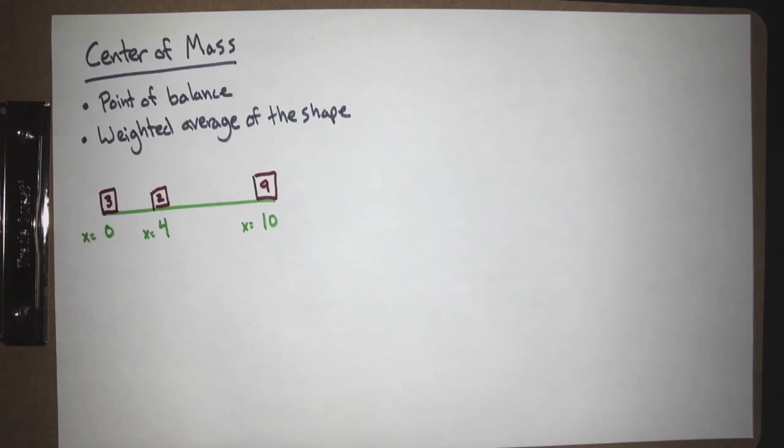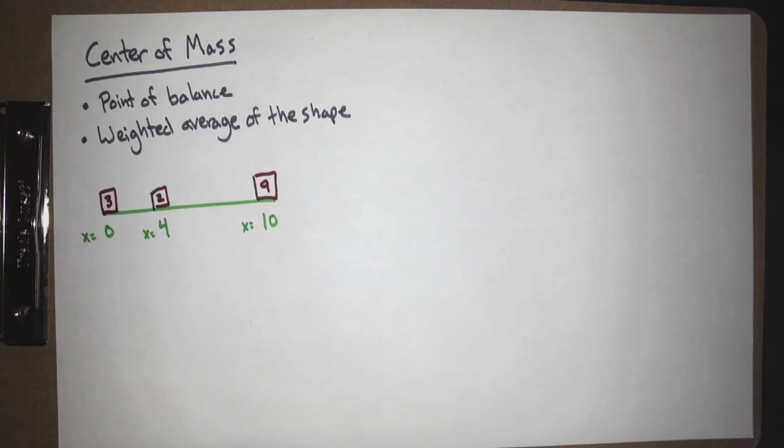You can try this if you go to a place which has trays: put your hands up, holding up a tray, and then slowly bring your fingers together. Where will you end up? You'll end up at the center of mass.